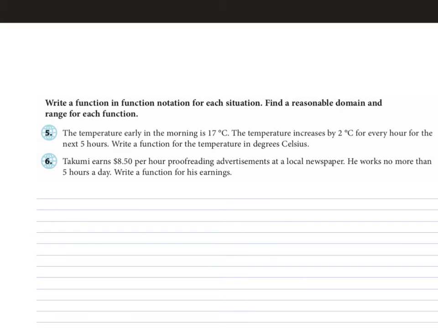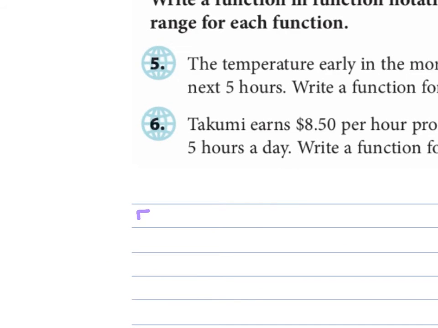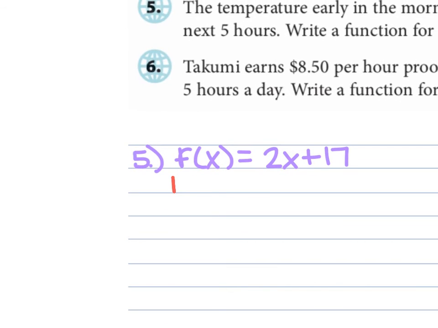So for this example, number 5, we're going to have the function f of x is equal to 2x plus 17. We're starting at the 17 degrees, then it goes up by 2 each hour. So that's 2x. From here, it's going up for 5 hours, so our domain is going to be 1, 2, 3, 4, and 5.